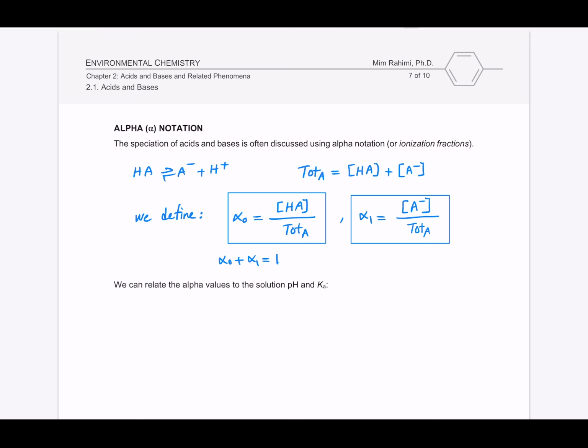But now, if we can relate alpha value to something that we know, which is Ka of the reaction, a constant, and then the condition, which is pH, then we can quickly go back and calculate the individual species. So now we want to relate these two to something that is easy to measure, which is pH, or a constant, which is pKa.